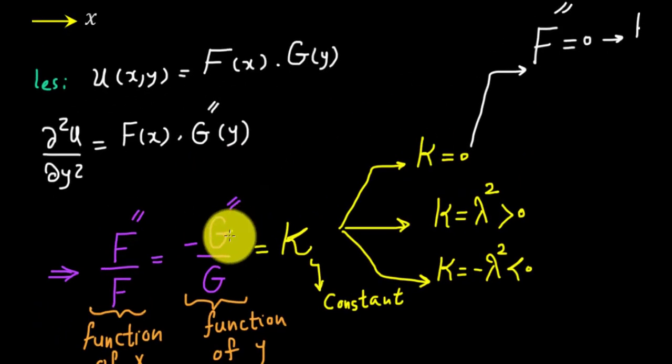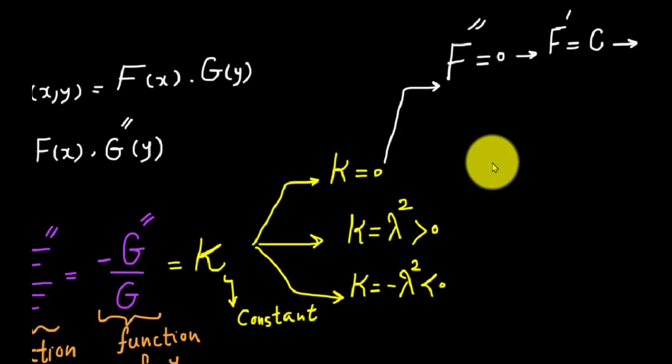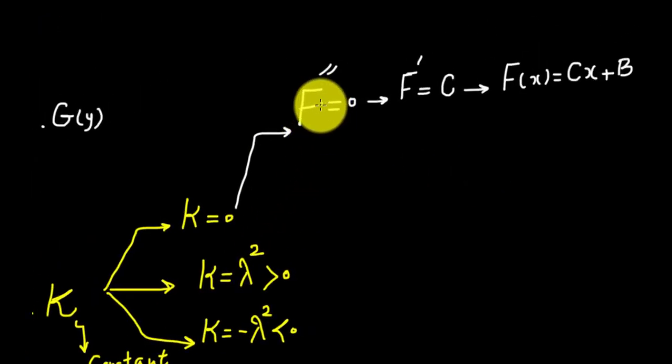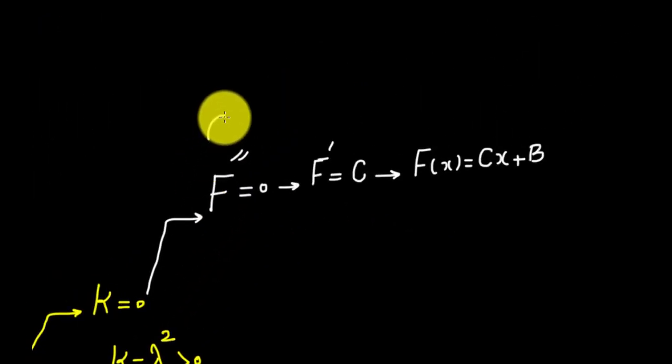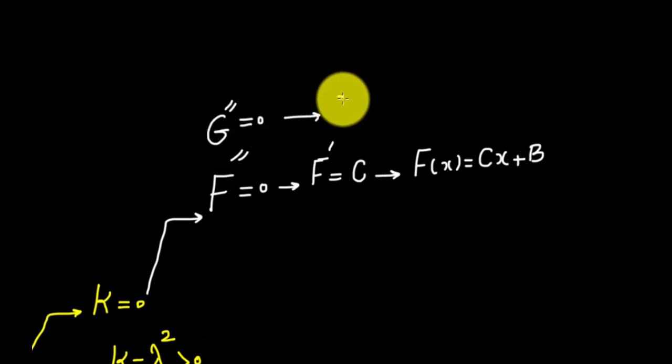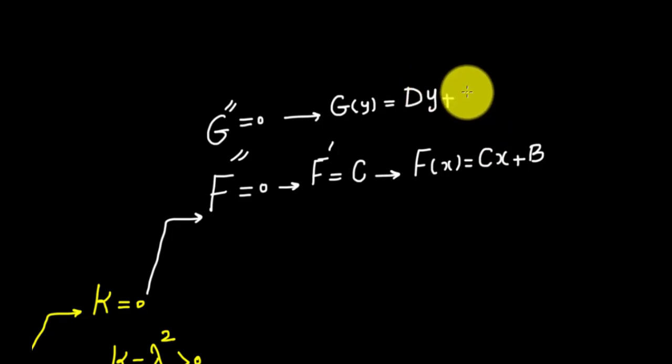Similarly, as g double prime must be 0 if k is 0, we will have the same result: g double prime being 0 leads to g of y equal to another constant like d times y plus another constant like b prime.